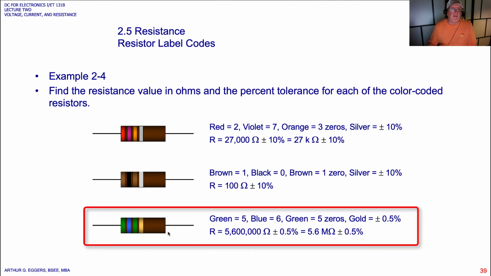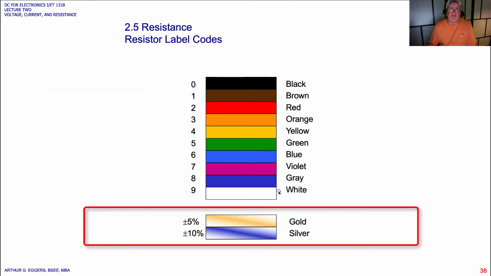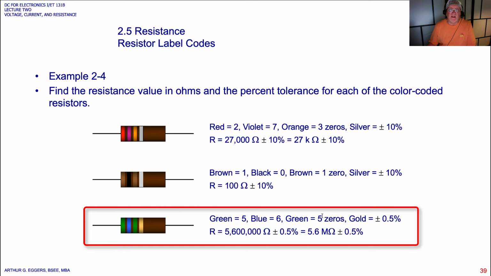Okay, for the next one then, we've got green, blue, green, and gold. So 5, 6, and then 5 zeros, and gold is 0.5%, or 0.5% of tolerance.